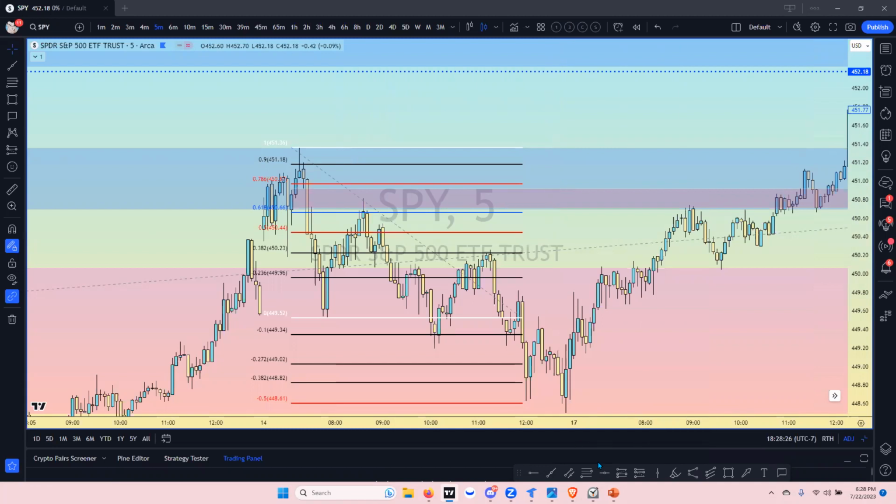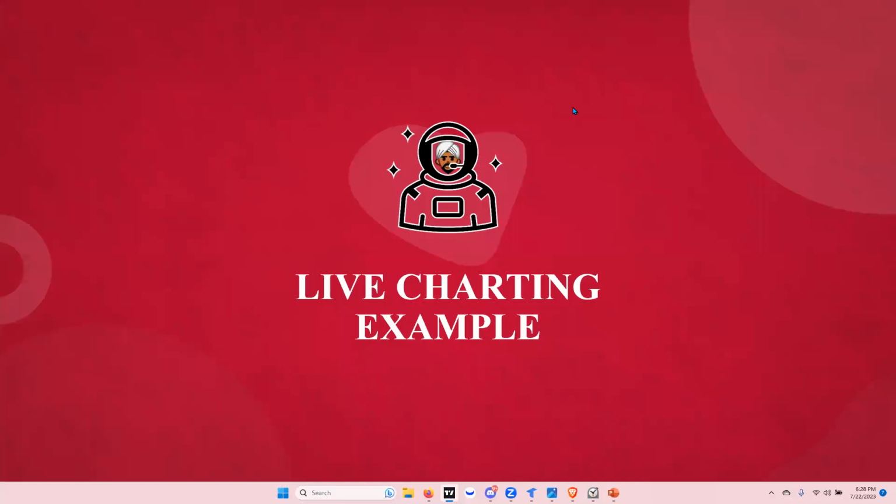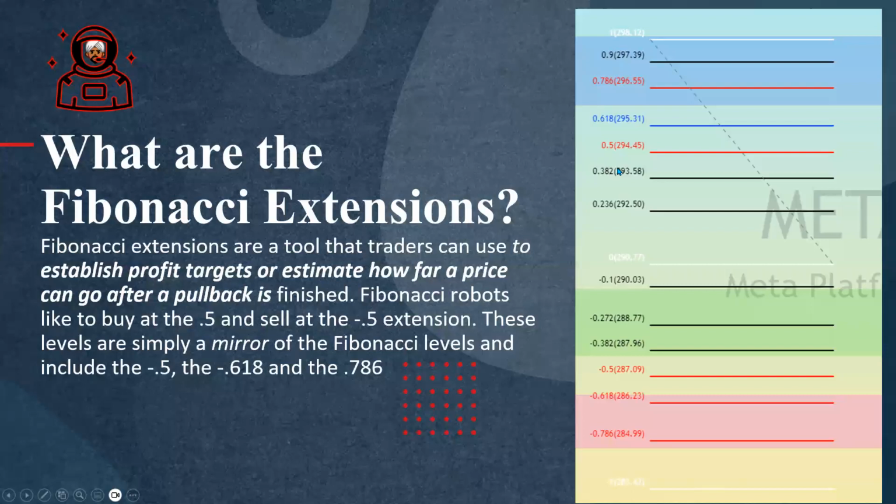Let's go back to the top. All right, so now let's talk about the extensions. The extensions, I primarily use them as profit targets. This is how you can estimate how far price is going to travel after a pullback, right?